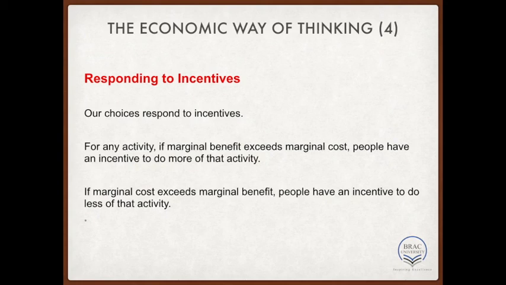So the main idea of economics here is that we can predict how choices will change by looking at the changes in our incentives. So to sum it up, more of an activity is undertaken when its marginal cost falls or its marginal benefit rises. Vice versa, less of an activity is undertaken when its marginal cost rises or its marginal benefit falls.